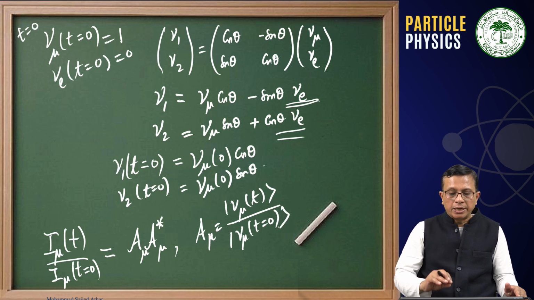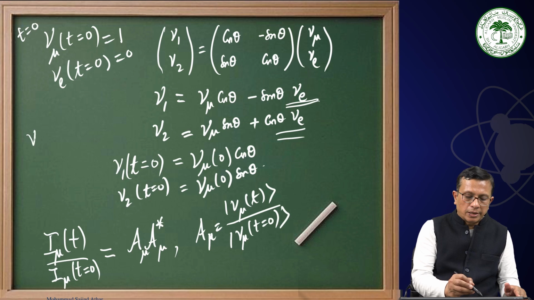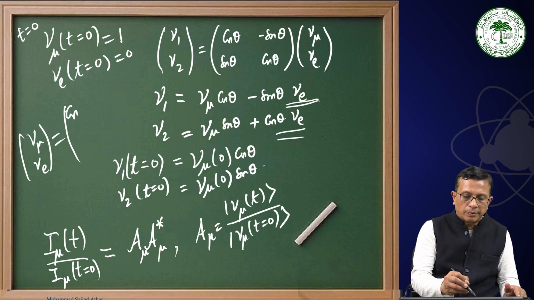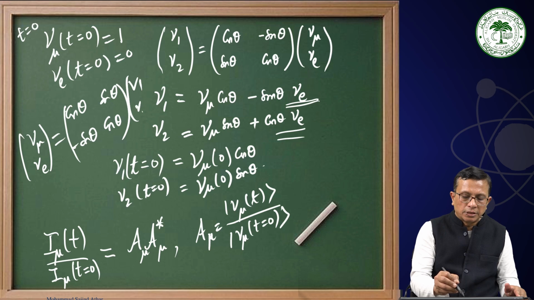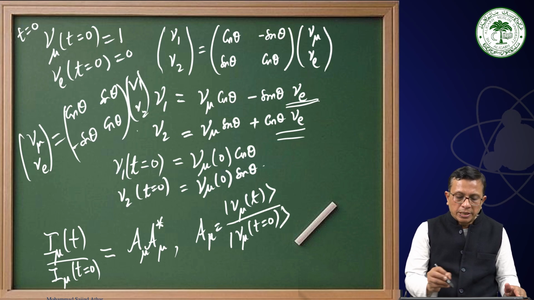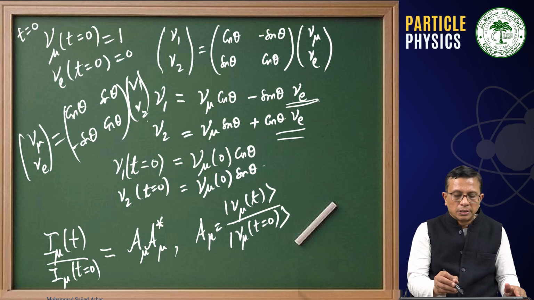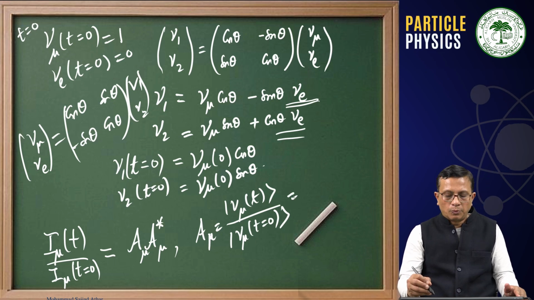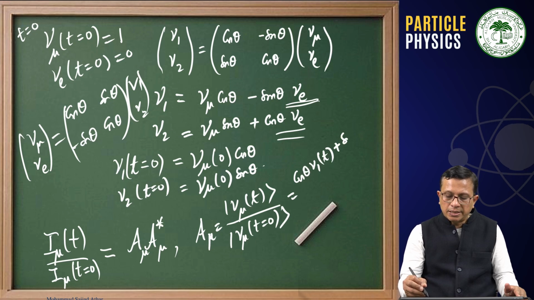What is my nu mu t? Recall from the earlier expression of this matrix, this was cos theta, minus sine theta, sine theta, cosine theta acting on nu1, nu2. Therefore, nu mu is cos theta nu1 plus nu2 sine theta. Therefore, this will be cos theta nu1 t plus sine theta nu2 t upon nu mu.